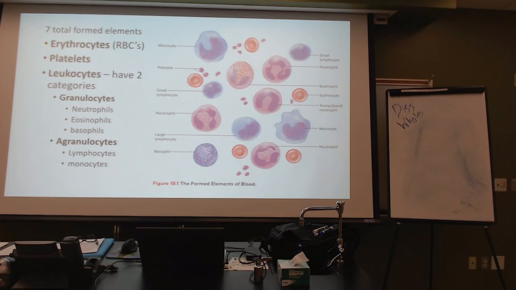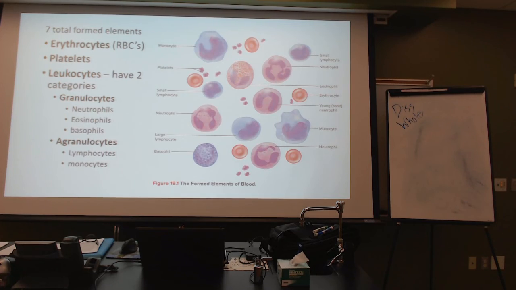Now, this, even though it's kind of cartoonish looking, is representative of the cells that can be found in the blood. Now, does that mean that every single time that somebody looks at your blood, you're going to have every one of these cells? No.